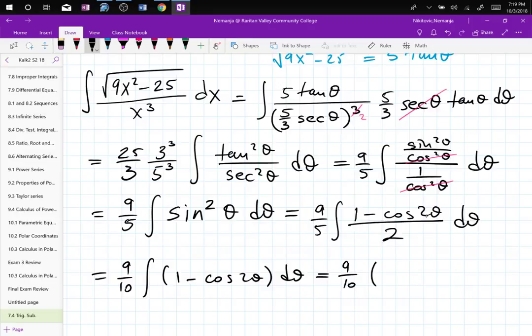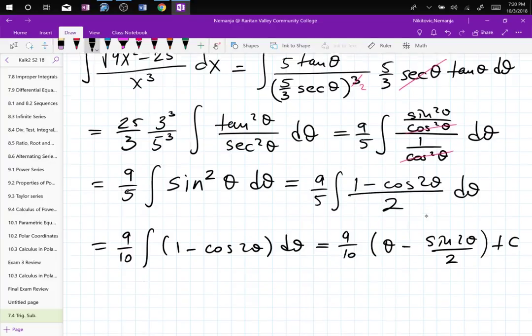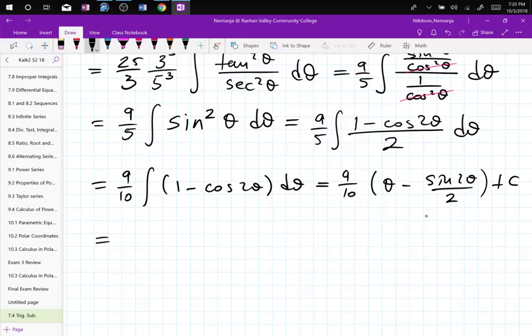Integral of 1 is theta. Integral of cosine is sine, so that's going to be sine 2 theta over 2 plus c. So when we distribute 9/10, becomes 9/10 theta minus 9/20. I mean, we don't have to distribute. Well, let's leave it not distributed.